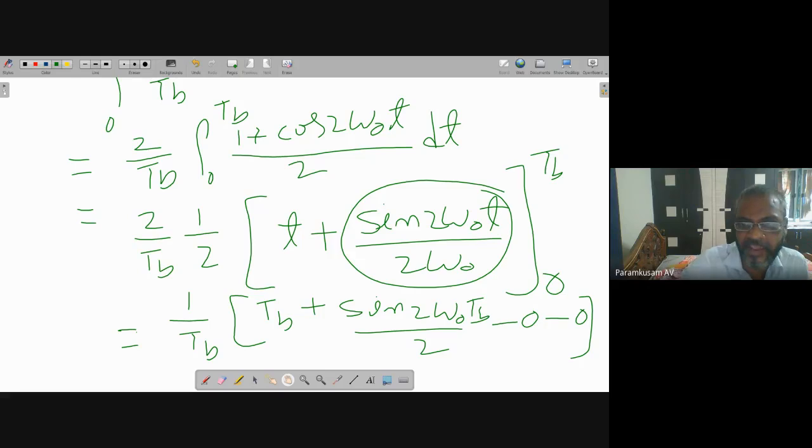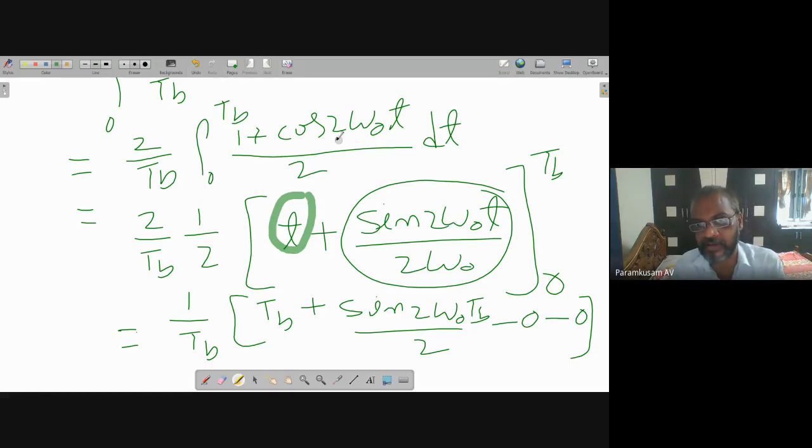The integration of 1 here is t. The integration of cos 2 omega naught t dt is equal to 0 actually. Anyhow, we are doing anti-derivation. Otherwise, you can simply write that the integration of cos 2 omega naught t dt is equal to 0.